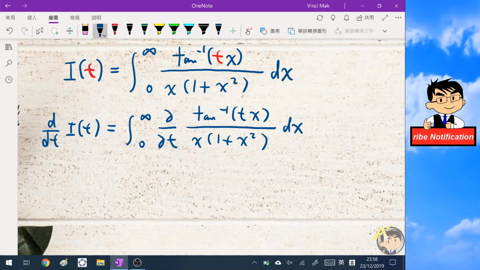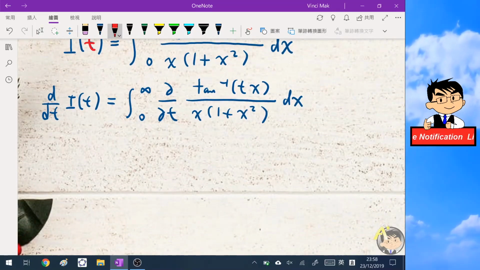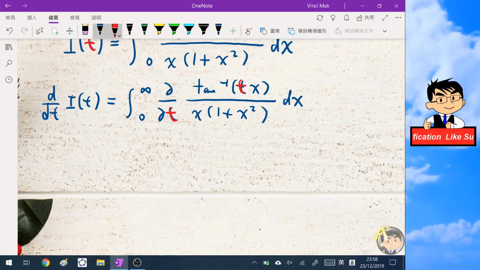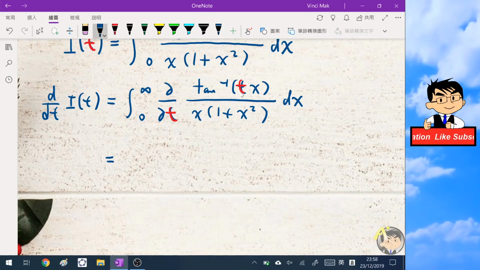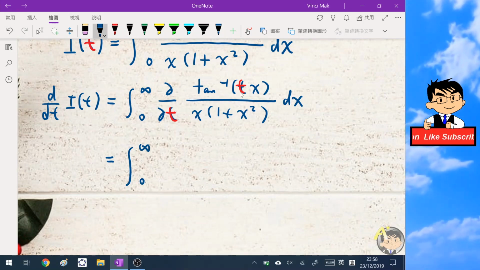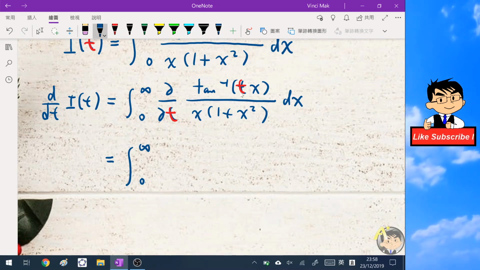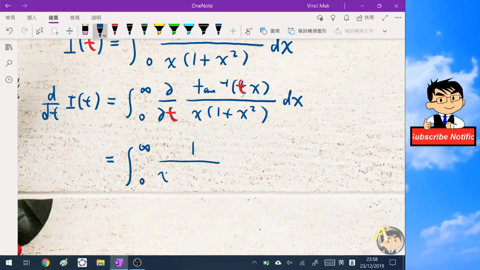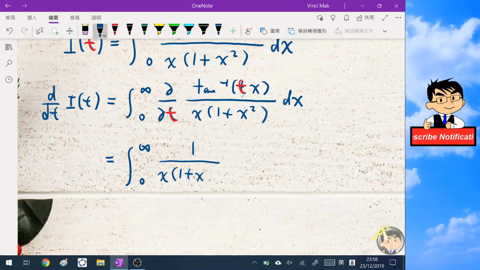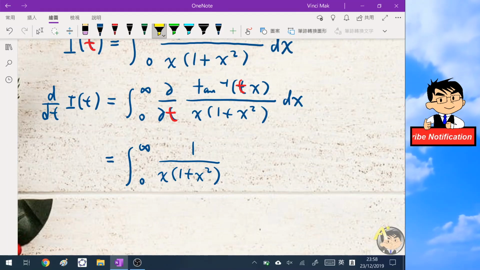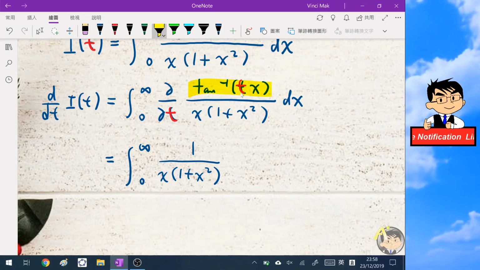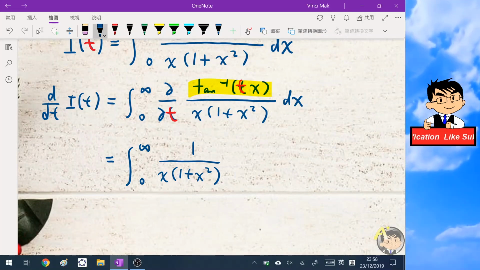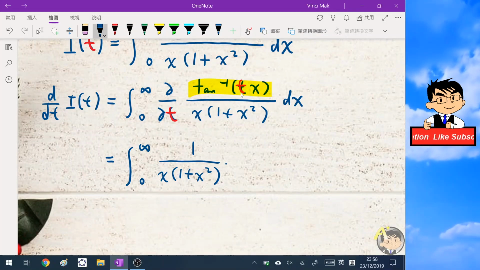Okay, now we need to be careful, because now we are differentiating with respect to t. So I will move all the things not related to t to the front, which is 1 over x times 1 plus x squared. And then I will differentiate this guy with respect to t. So we will treat x as a constant.